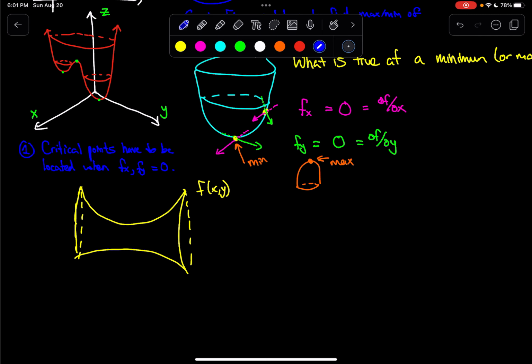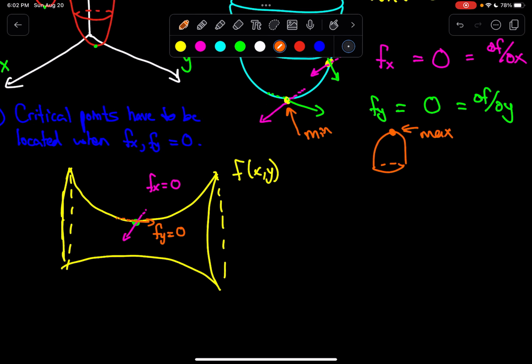And the problem is that if I go to this point right there, the derivative in the x direction is equal to 0. The derivative in the y direction is also 0 at that point. It's flat at that point. But clearly we can see that it's not a minimum.